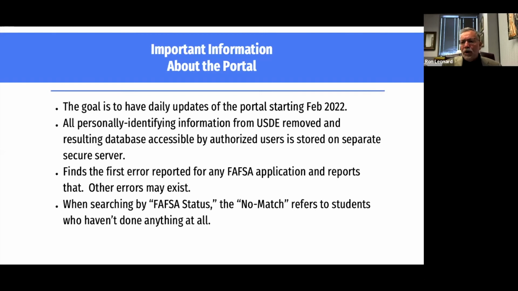Now, with the new platform, we should be able to identify all the potential errors that the student makes. Also, under FAFSA status, no match, those are the students that haven't even started the FAFSA. Next slide, please.